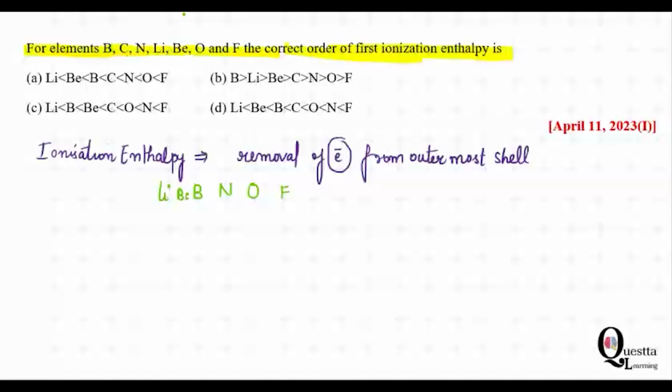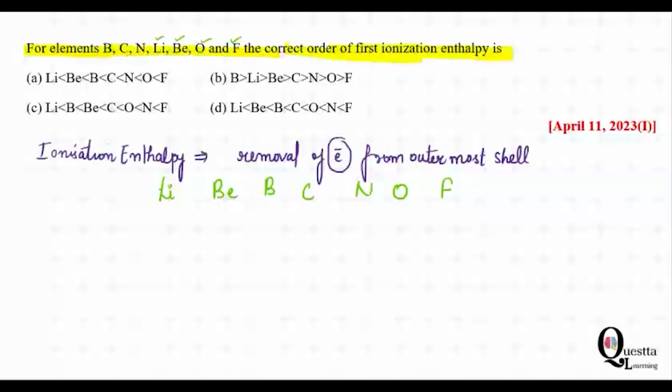We are left with carbon. So let us write them again. Lithium, beryllium, boron, carbon, nitrogen, oxygen, then fluorine. First group, second group, 13, 14, 15, 16 and 17.